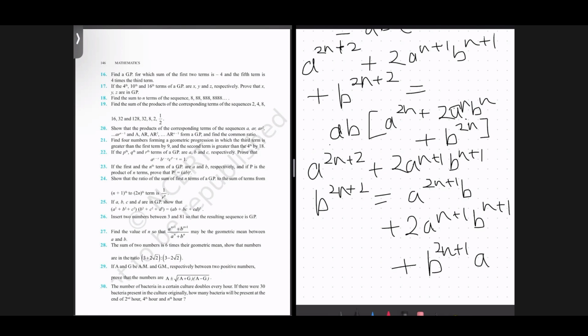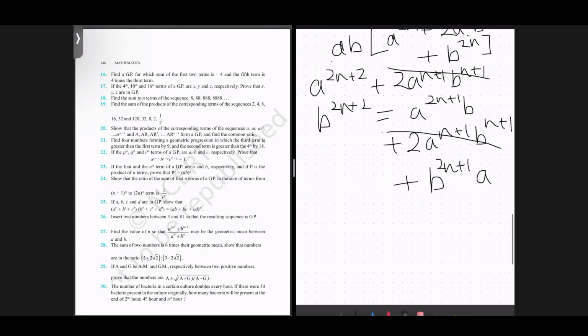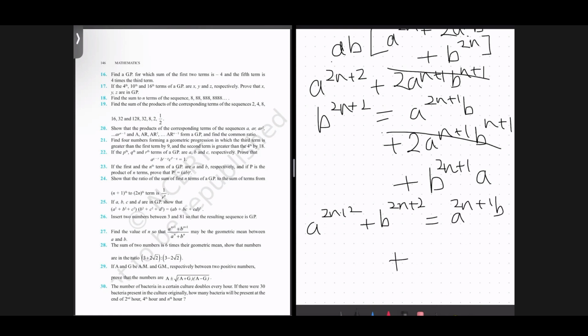So the first and foremost thing that I see is we can cancel 2 a raised to the power n plus 1 b raised to the power n plus 1 from the LHS and from the RHS, right? So when you do that, what you're left with is a raised to the power 2n plus 2 plus b raised to the power 2n plus 2 equals a raised to the power 2n plus 1 b plus b raised to the power 2n plus 1 a.